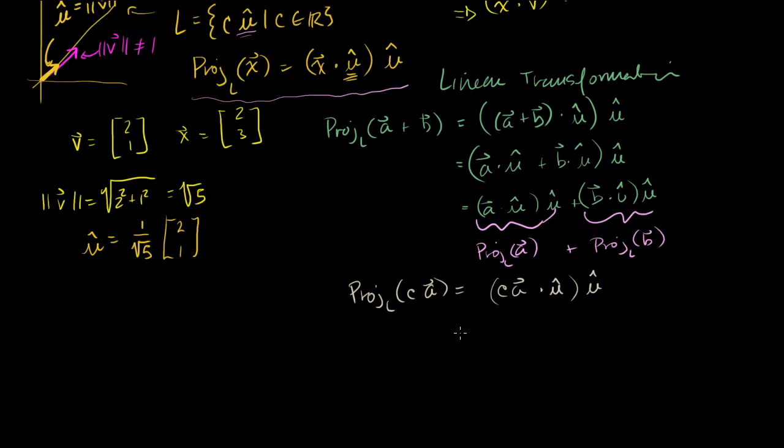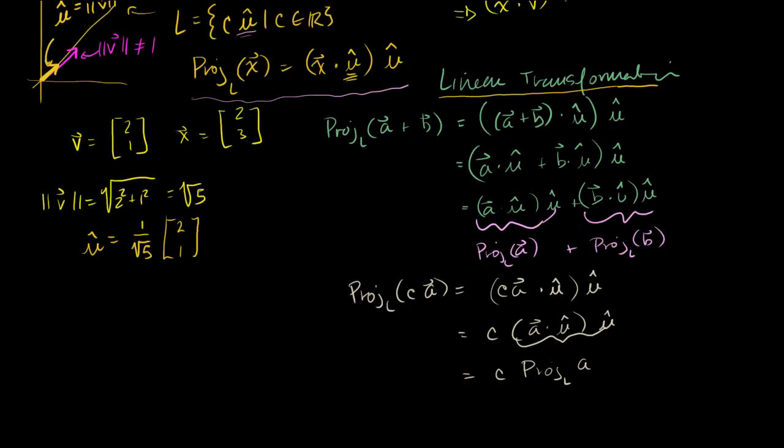We've seen it in our dot product properties. This is equal to C times A dot u times the vector u. And this is just equal to C times the projection of A onto L. So we've met both of our conditions for a linear transformation. So we know that our projection onto a line L in Rn is a linear transformation. And so that tells us that we can represent it as a matrix transformation.